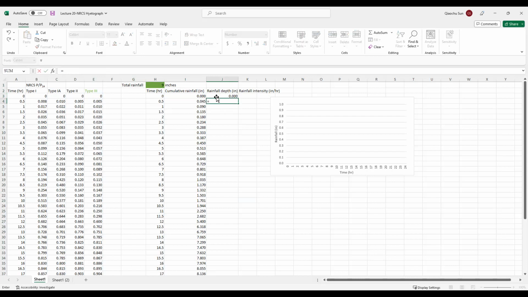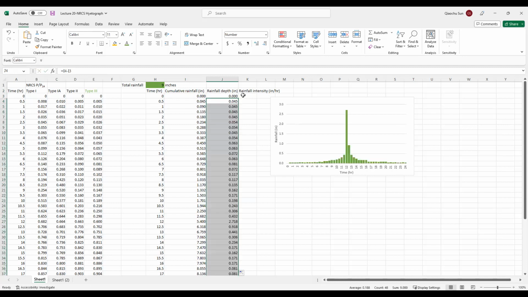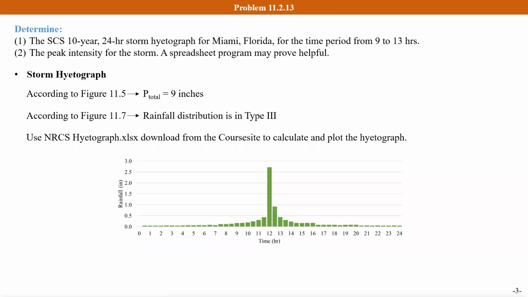Then we can calculate the rainfall depth in the next duration. We should use the cumulative rainfall in the current duration minus the previous one. So here is the hyetograph we got from the spreadsheet.